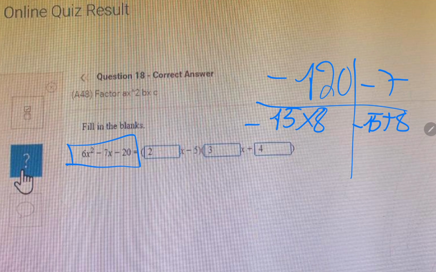Now, we only have to substitute it in the middle. So 6x squared minus 15x, plus 8x minus 20.